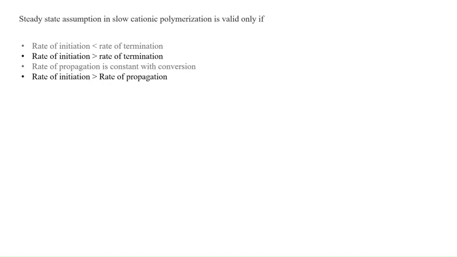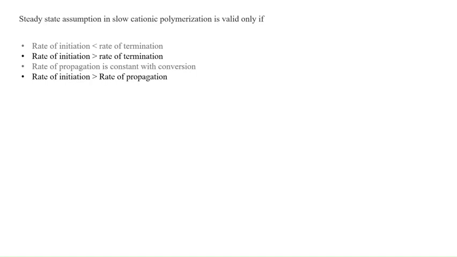When the rate of initiation is much higher than the rate of termination, the concentration of the propagating center will slowly increase, which means the initiator concentration and the radical or ion propagating the reaction will slowly increase, reach a maximum later in the reaction, and then start decaying.